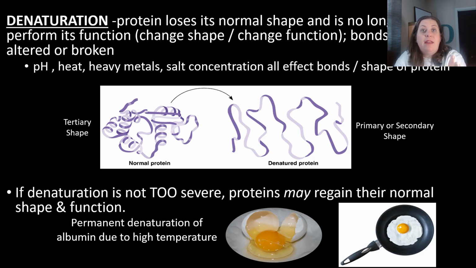This is one reason why they're a good source of protein. The thing is, when you cook an egg, due to the high temperature, it changes the albumin, which is the white part of the egg, from being this kind of clearish, light yellow color to a white. You have denatured and unfolded all those proteins to where they can no longer function. And this is permanent. You can't go back to the way it was before. Okay, so sometimes it's a permanent change.